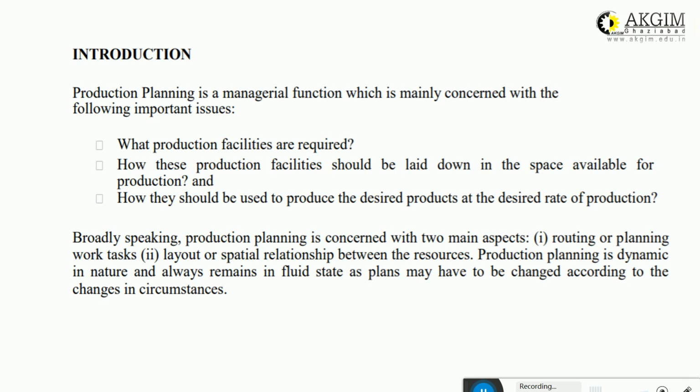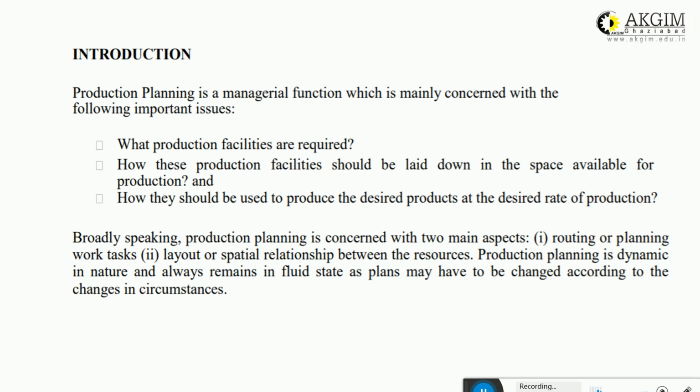So production planning is a managerial function which is mainly concerned with these important issues: what production facilities are required, how these production facilities should be laid down in the space available for production, and how they should be used to produce the desired products at the desired rate of production.